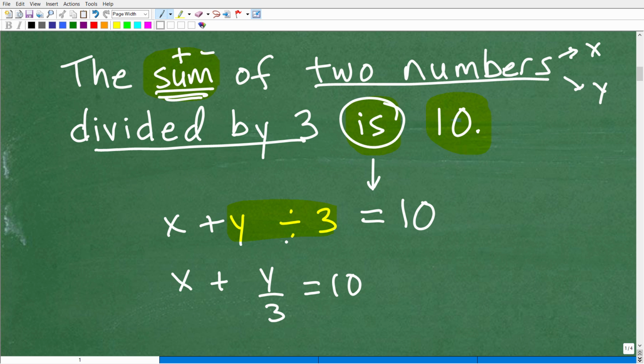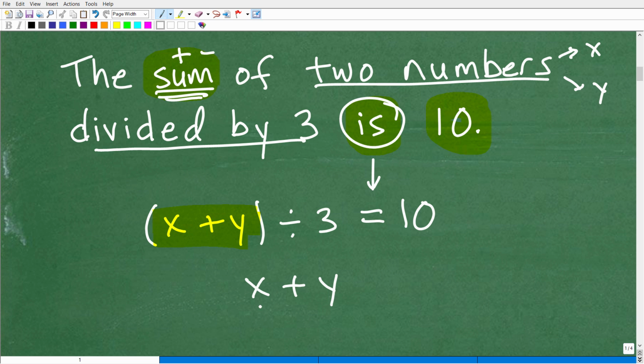This is not what we want, so it's very critical to put in your parentheses here. This is the sum of two numbers divided by 3, because in the order of operations, we do what's inside the parentheses first. So this is one way you can write our final answer, or you can do it this way.